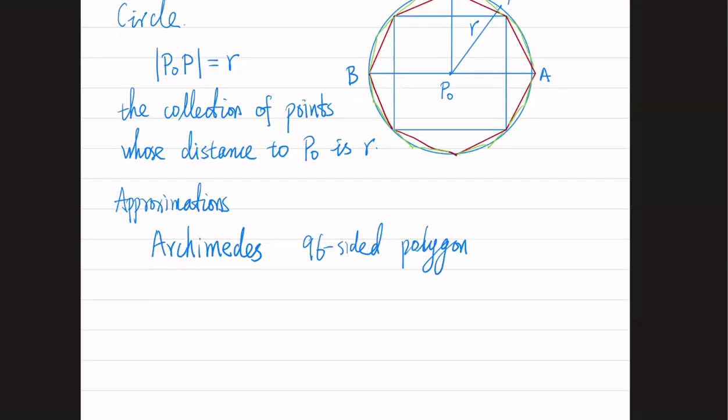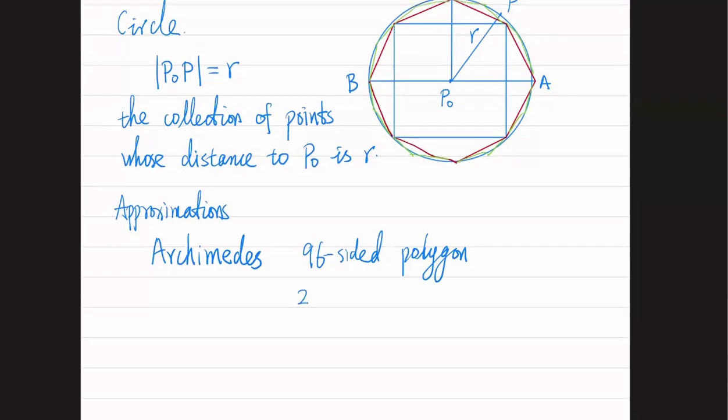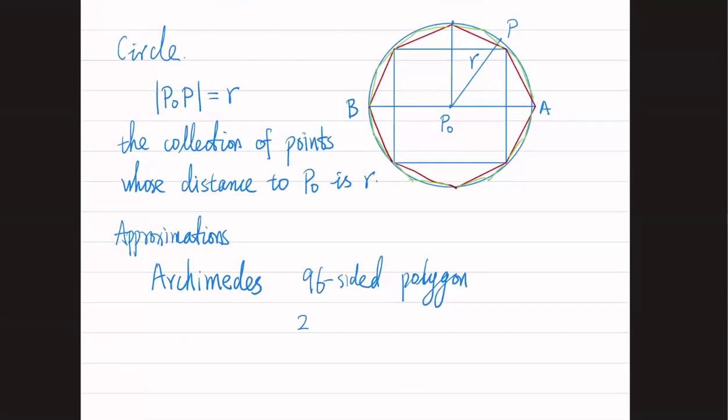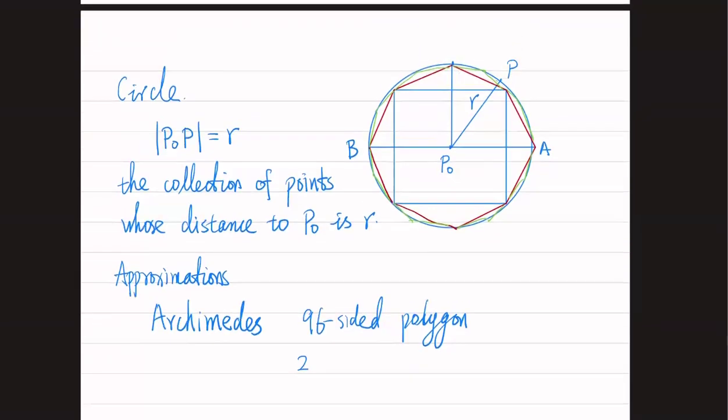And he found a method to find the perimeter. He showed that the circle, it will be the perimeter. This relates to the number pi. Okay, let me introduce the pi first.